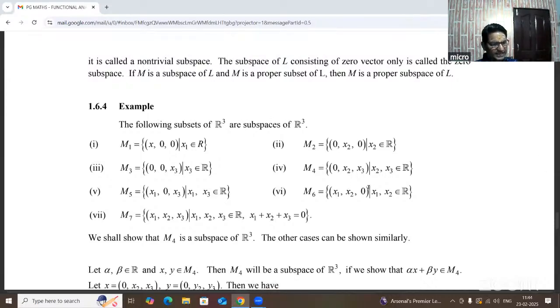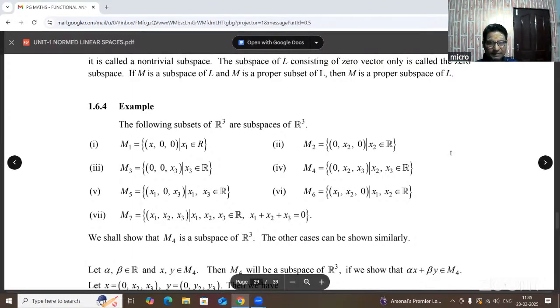M7: x1, x2, x3, all real numbers. So there are 7 types of subsets, where some of the coordinates are 0. We shall show that M4 is a subspace of R cube. Only M4 is shown to be a subspace of R cube. This is M4.